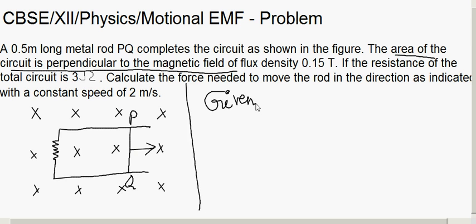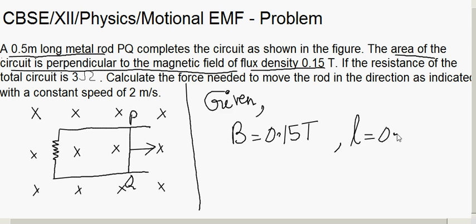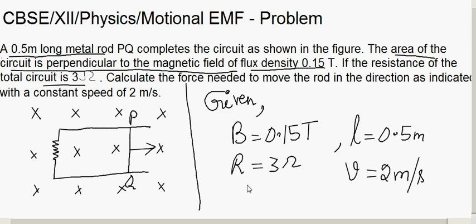You are given the flux density, that is B, as 0.15 Tesla, and the length of the rod L is 0.5 meter. What else is given? The resistance is 3 ohm, and velocity is 2 meter per second.